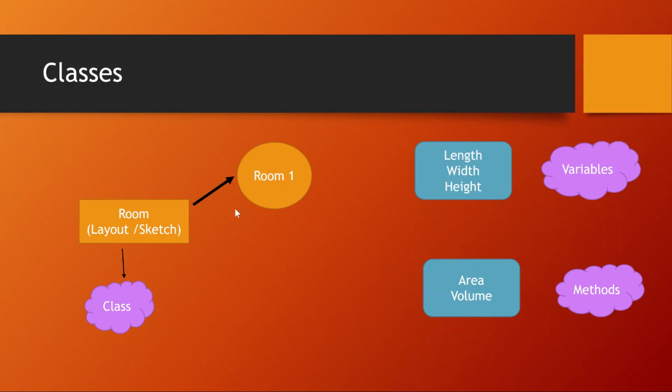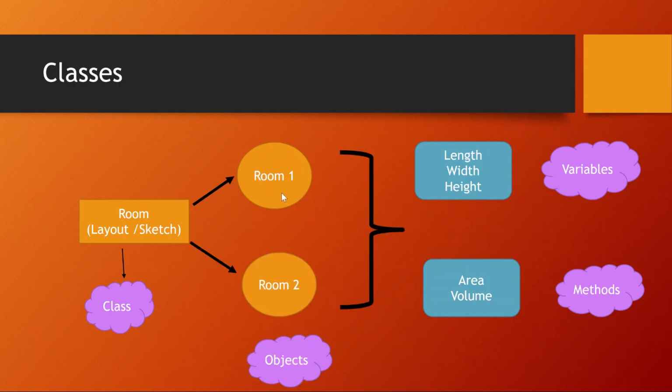This is the class. To access these variables and these methods we have to create objects. Now there can be room 2, room 3, room 5. I can create n number of objects for this class.